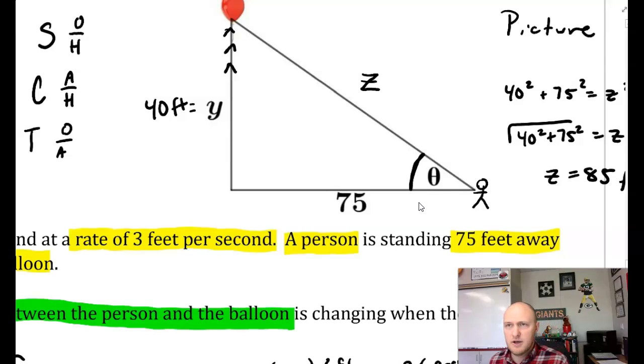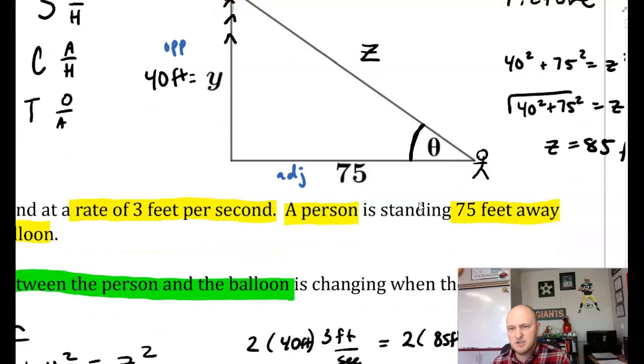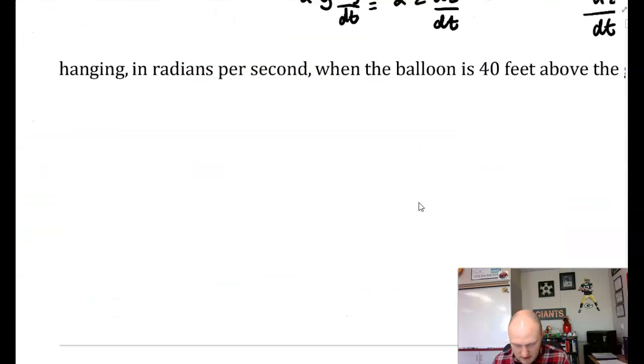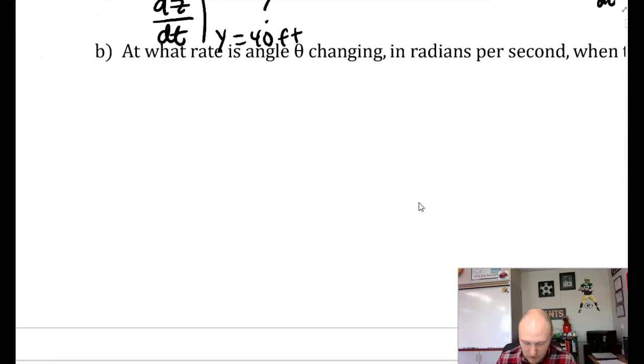So SOHCAHTOA, there we have it. And it looks like I have information about the side opposite, and I have here the adjacent side. So I'm going to use tangent of theta. So that's going to be my equation here for part B.